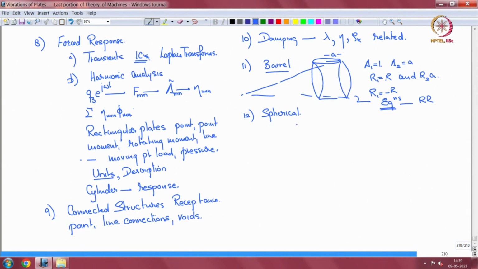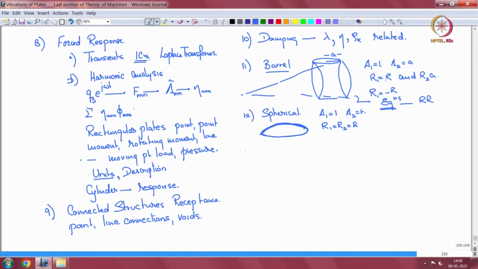Instead of the circular flat disk, you could look at a spherical cap, and there you would again set A1 to be 1 and A2 to be R as for a circular plate, but you can set R1 equal to R2 equal to R, so that you get this spherical effect. Now this is a spherical cap. Okay. So you could find equations for such systems.